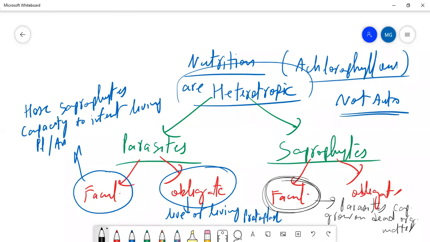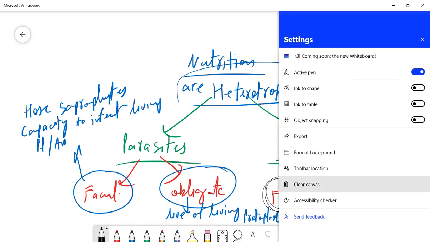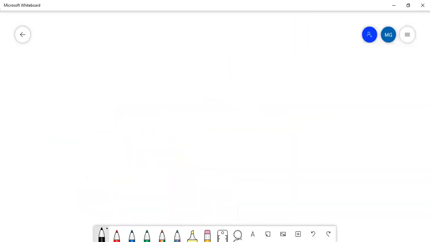In the absence of a living host, they can also grow on dead organic matter. So we call them facultative saprophytes. And obligate means they will only grow on dead organic matter. So this is broadly about fungal nutrition. Either they are parasites or they are saprophytes.